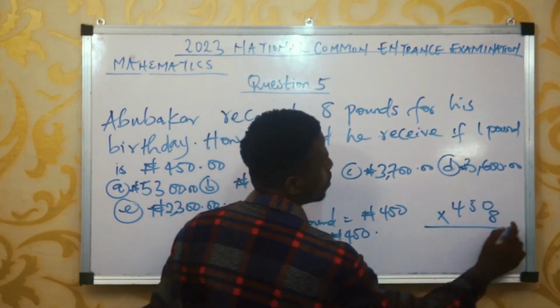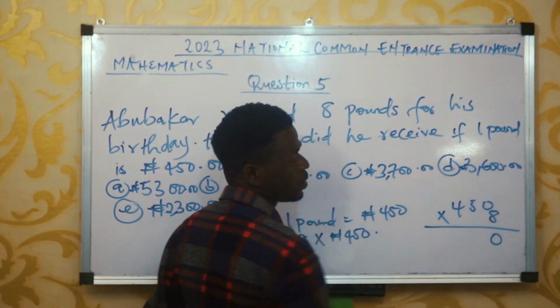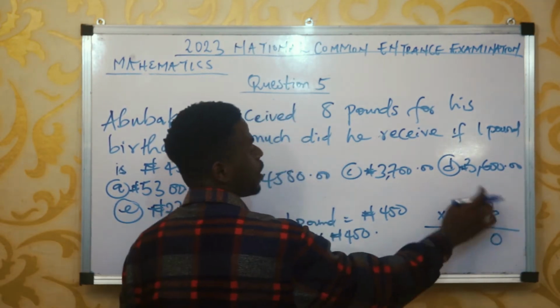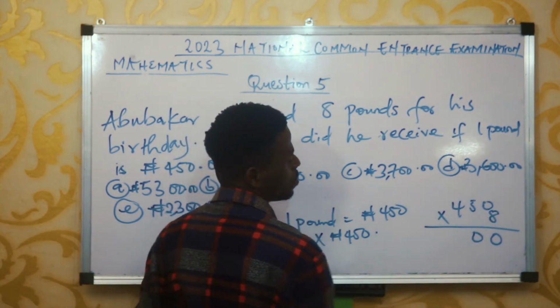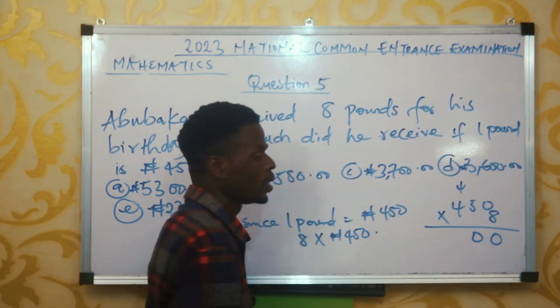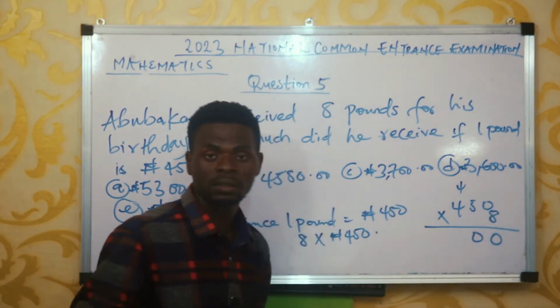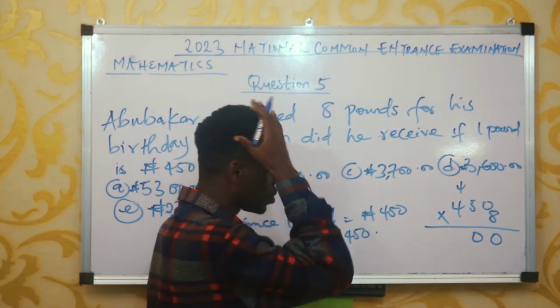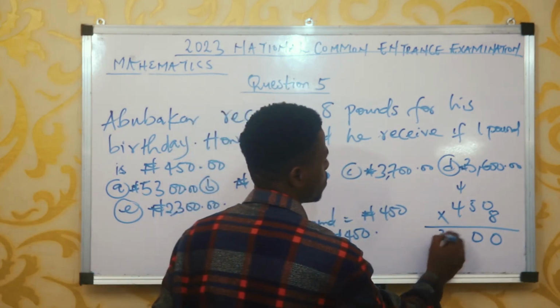Now let's multiply. 8 times 0 will give us 0, and 8 times 5 is 40. Put your 0 and take the 4 up here. Then 8 times 4 is 32, and 32 plus 4 gives us 36.